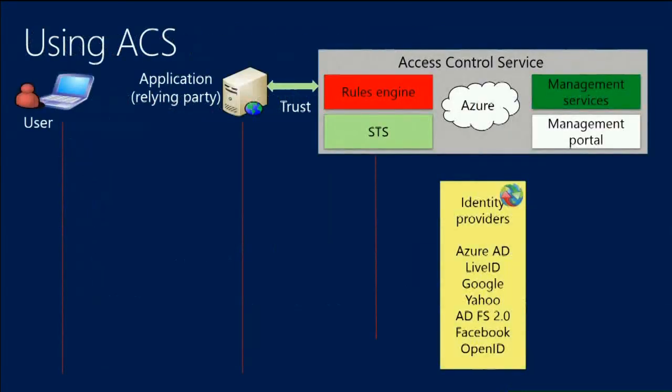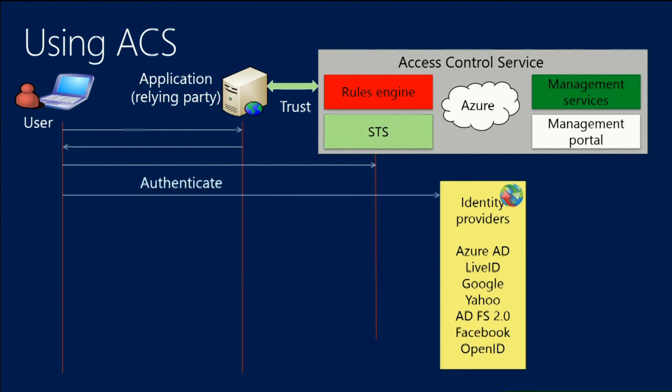If we look at that, what actually happens is the user accesses the relying party, and it could be an application here, and we then get bounced up to the access control service, and the access control service passes you to the list of identity providers.